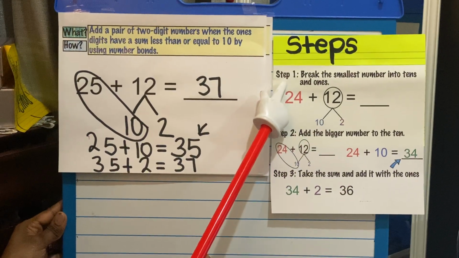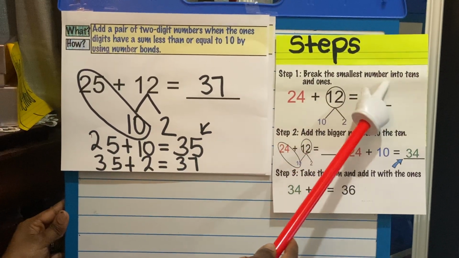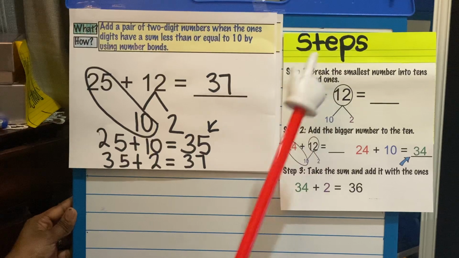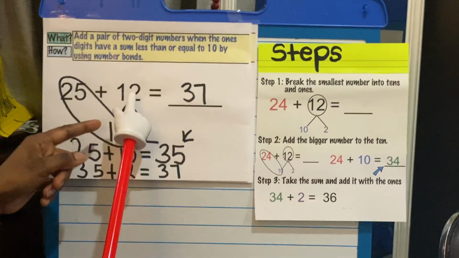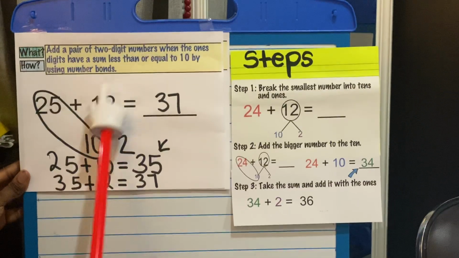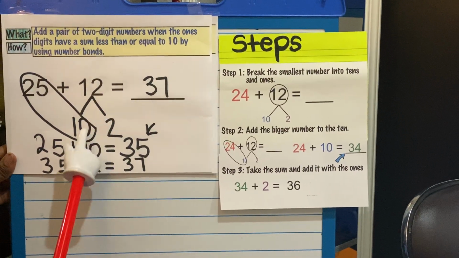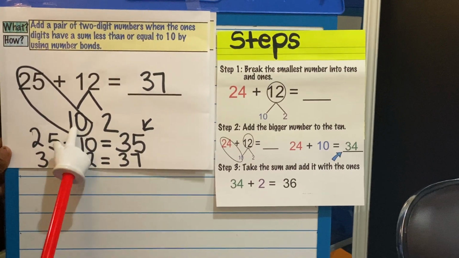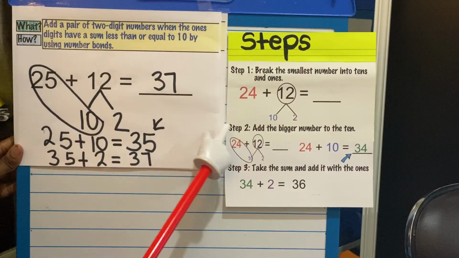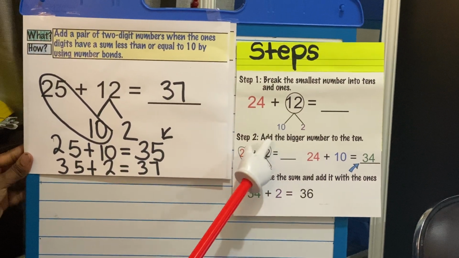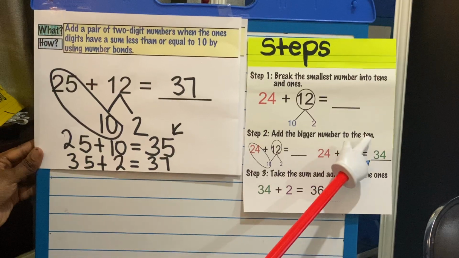Step 1 was to break the smallest number into tens and ones. This is a quick review. We took the 12, which was the smallest number between 25 and 12, and we broke it into a 10 and 2. Our step 2 was to add the bigger number to the 10.